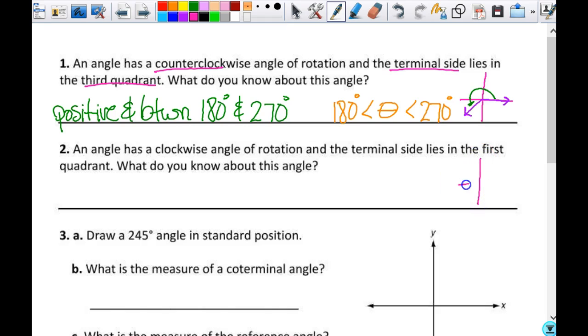You do this. I want you to go ahead and sketch this one out. An angle has a clockwise angle of rotation, and the terminal side lies in the first quadrant. Just go ahead and do that one on your own.